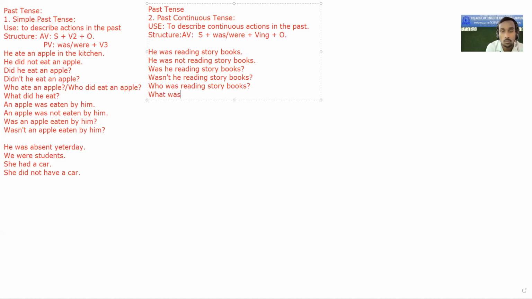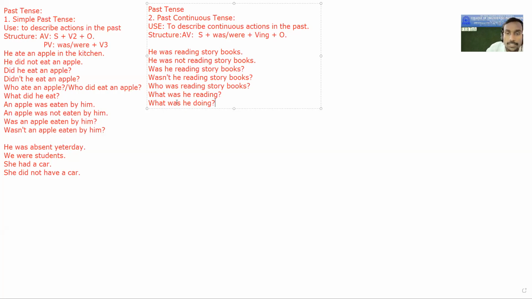Storybooks, you will get as the answer. You can also make a question like that: what was he doing? He was reading storybooks. So you can make sentences like this also.